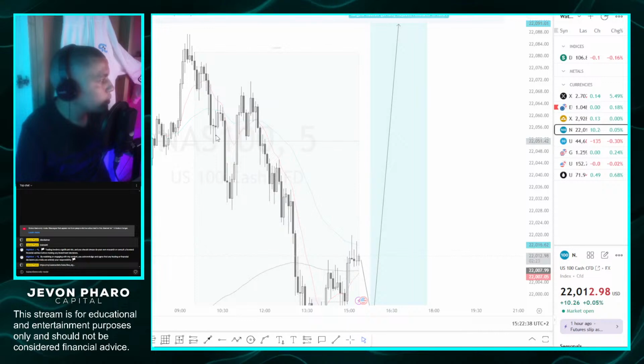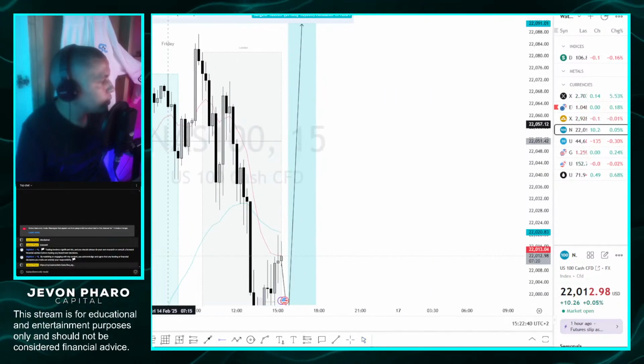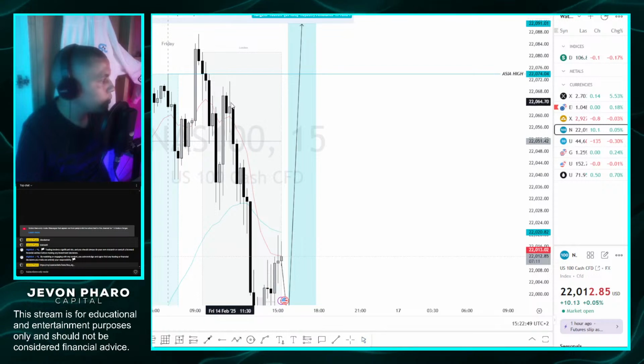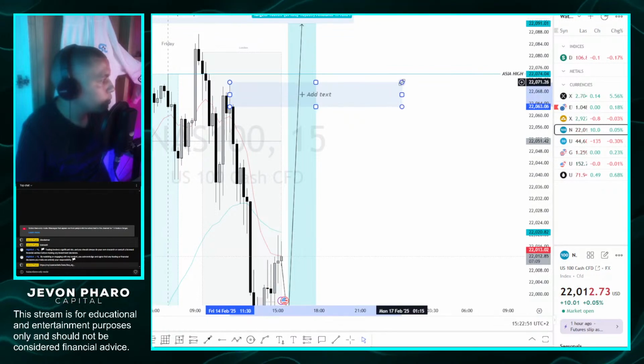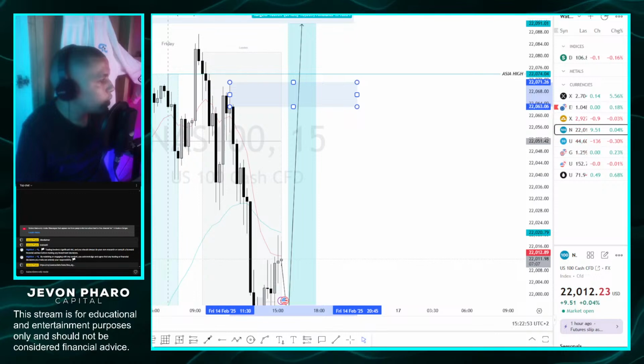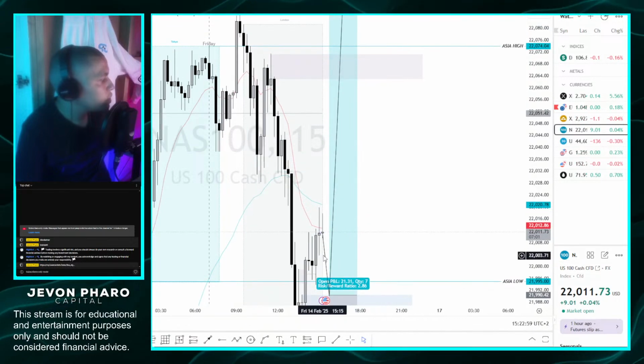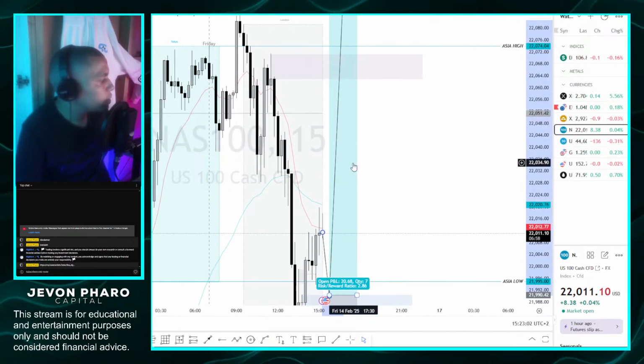Okay, that is the one. So if it doesn't hit that demand, most likely gonna see price react off the supply zone over here. So you just have to be patient with it. We just gotta be patient with it.